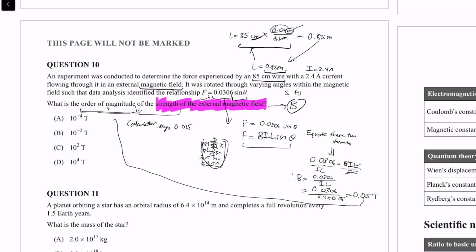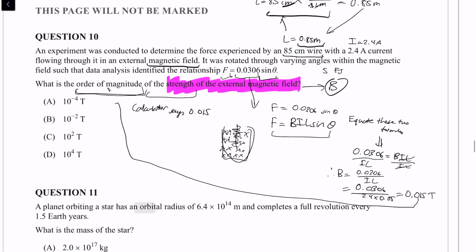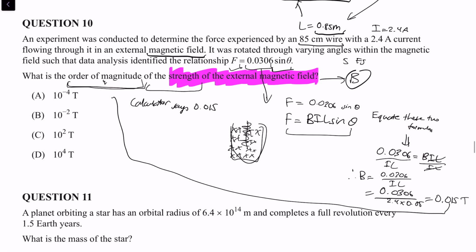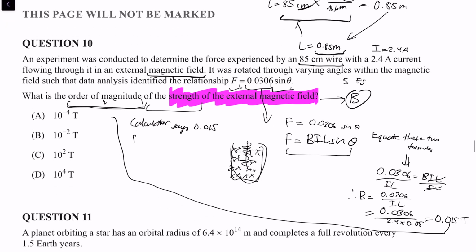So I'll just try mine at the moment, just quickly. Yeah, so if you put your calculator in scientific notation mode, it will give you this value: 1.5 times 10 to negative 2. This value really depends on how much you round it.